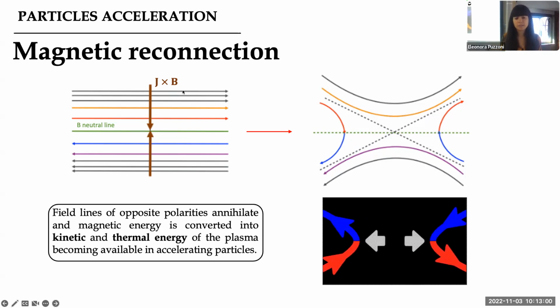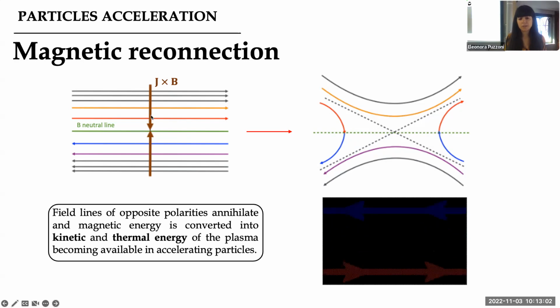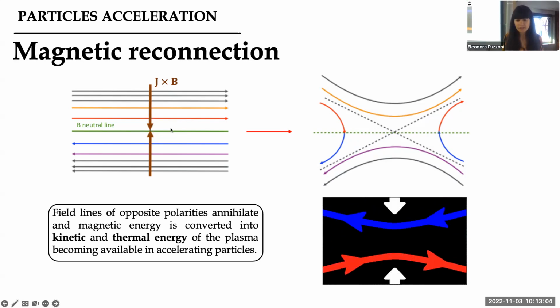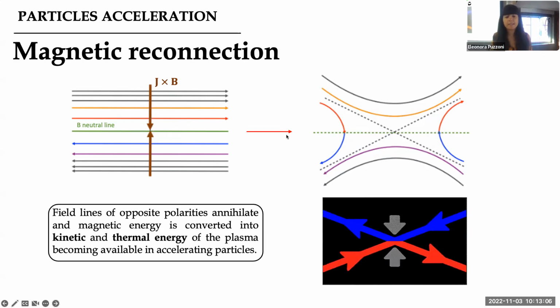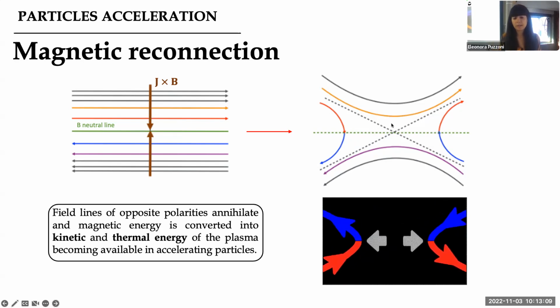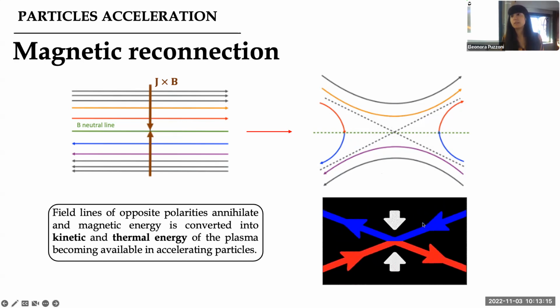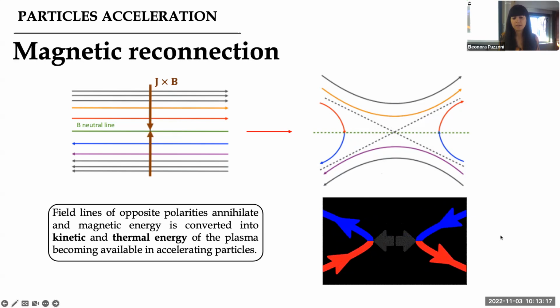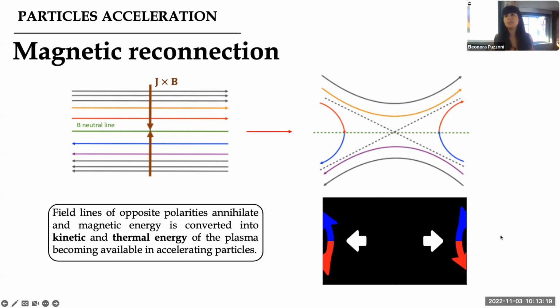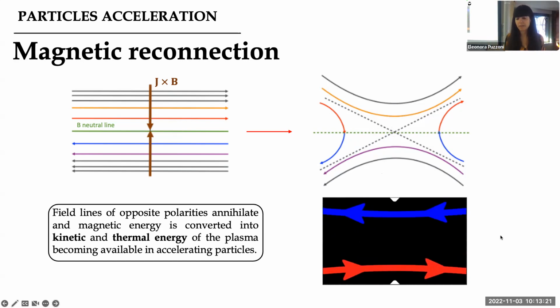Then the Lorentz force J cross B pulls the plasma towards the magnetic field neutral region, the green line, and then magnetic field lines of opposite polarities rapidly annihilate, as you can see here, and magnetic energy is converted into kinetic and thermal energy of the plasma, becoming available in creating a non-thermal population of accelerated particles.